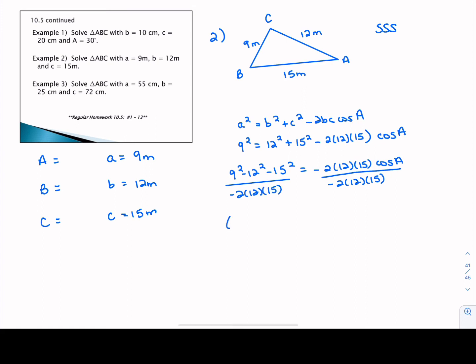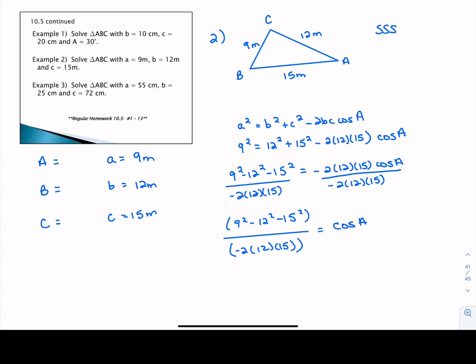So then we'll have 9 squared minus 12 squared minus 15 squared all contained in the numerator, and we're dividing that by negative 2 times 12 times 15 in that denominator, again contained, to give us the cosine of angle A. What we get for a decimal number is 0.8.